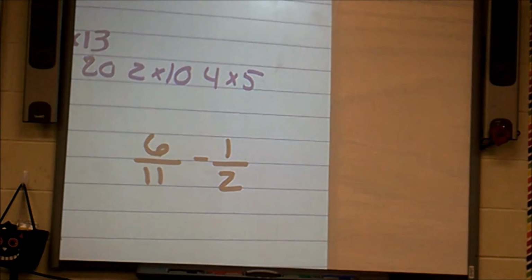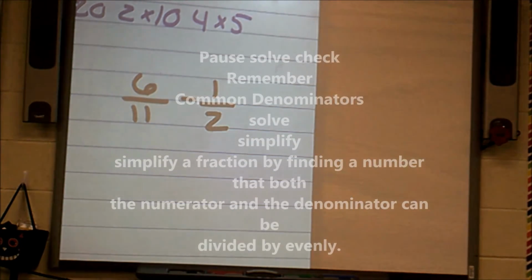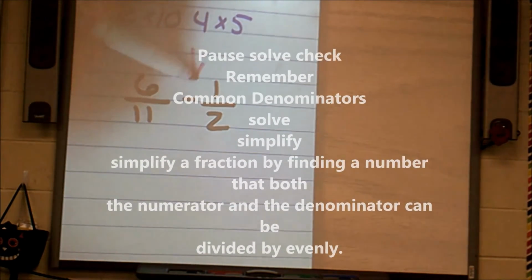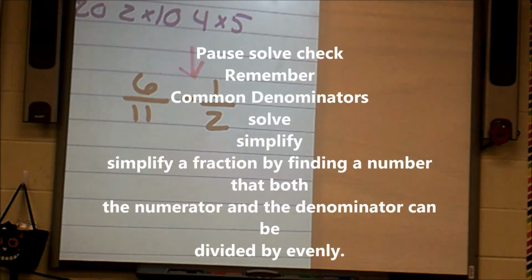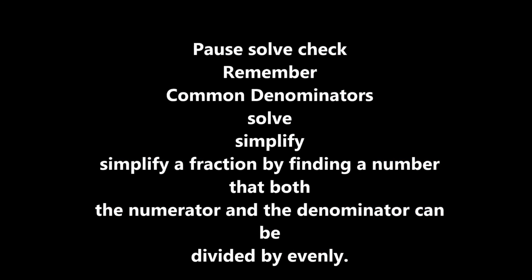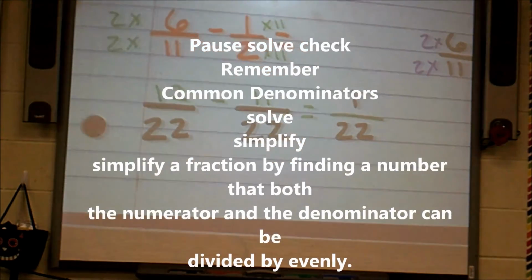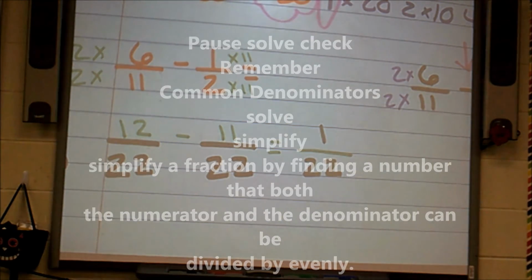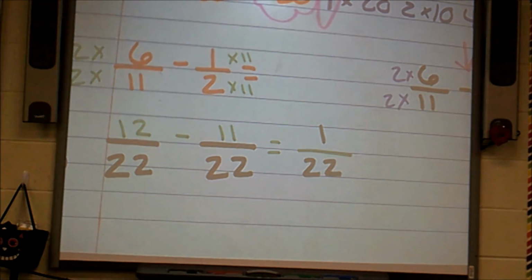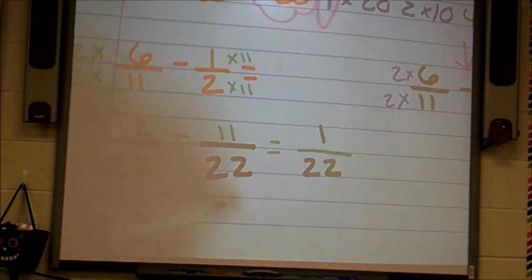Let's try one more problem on our own. 6/11 minus 1/2. So when I do that, I get common denominators, as you can see, of 22.